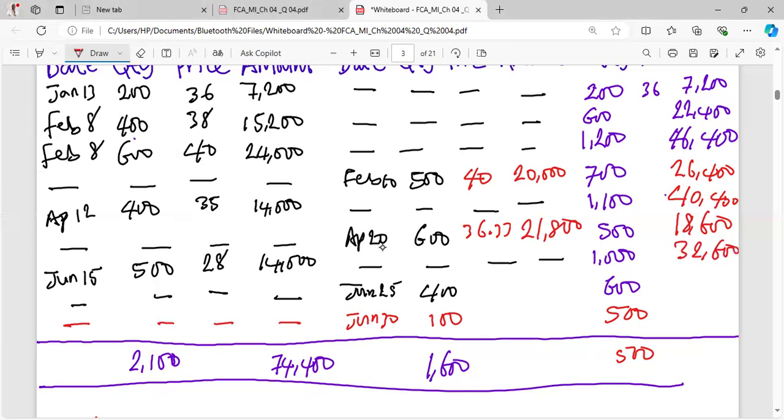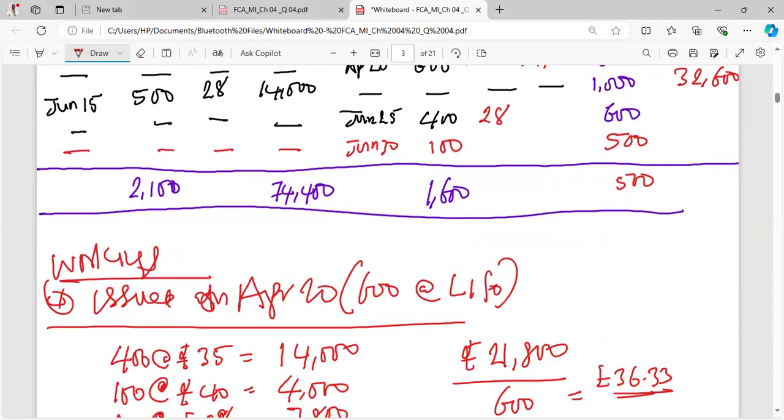32,600. Now we come to this. Now this 400, we are going to take at 28 naira, or dollars, or pounds. So this is going to be at 28. Okay?